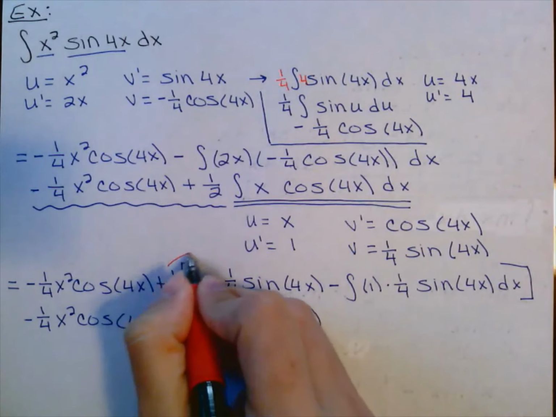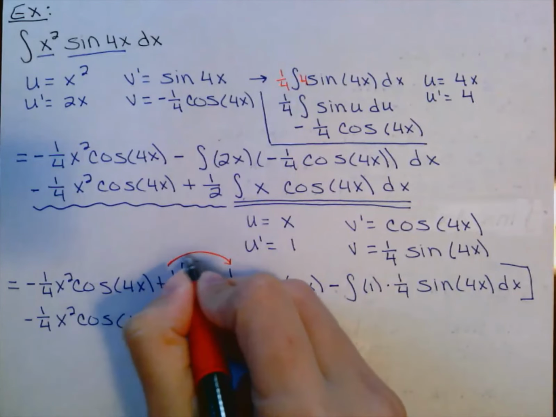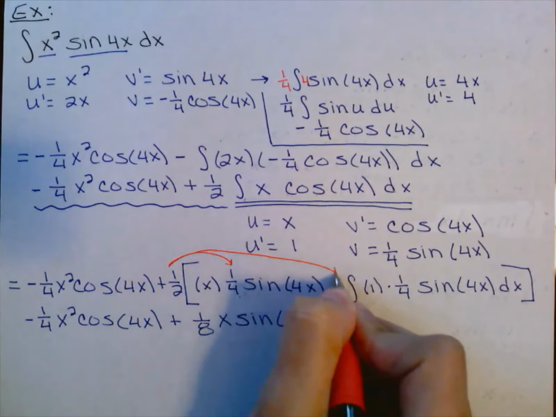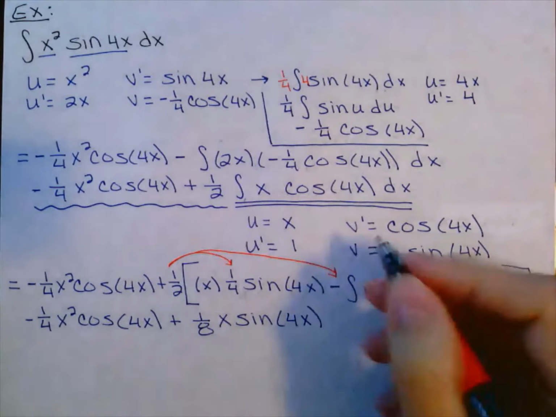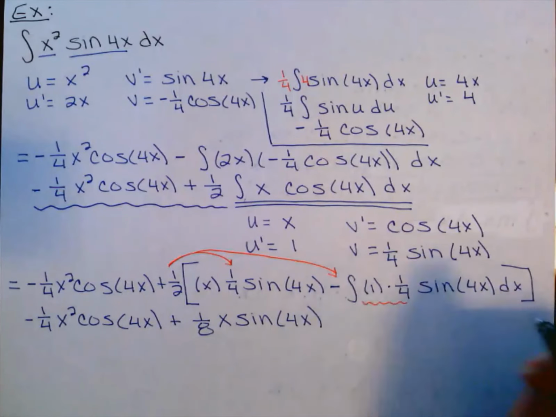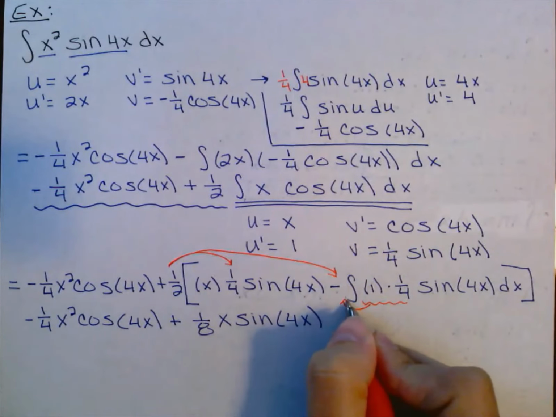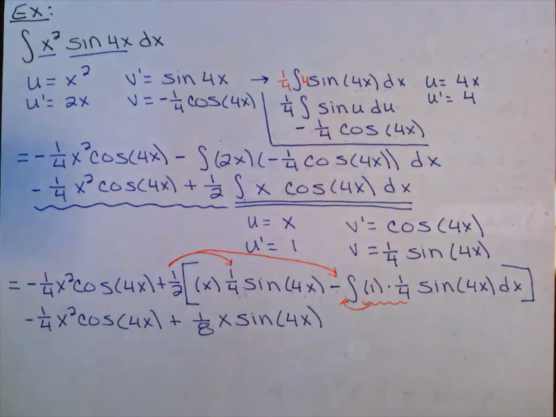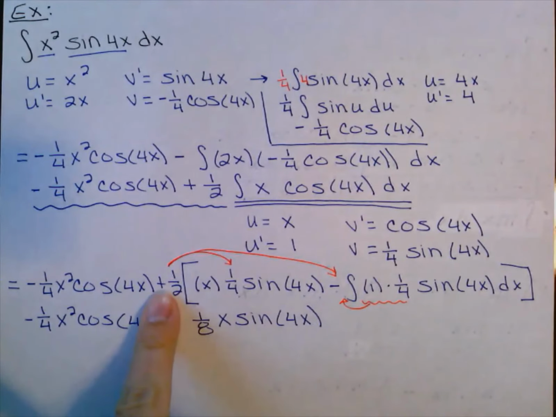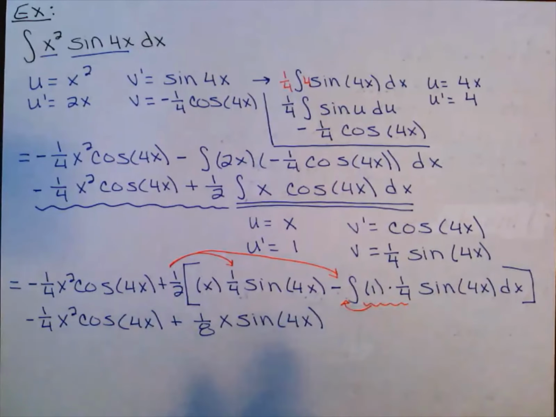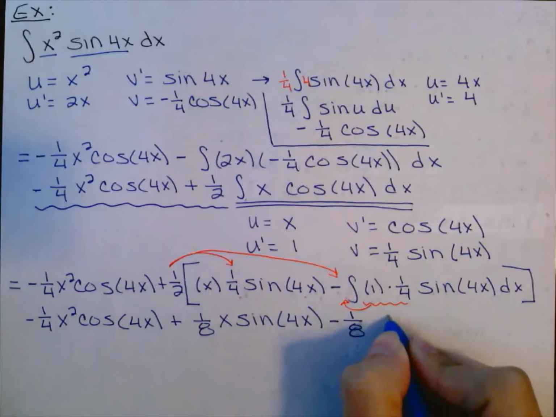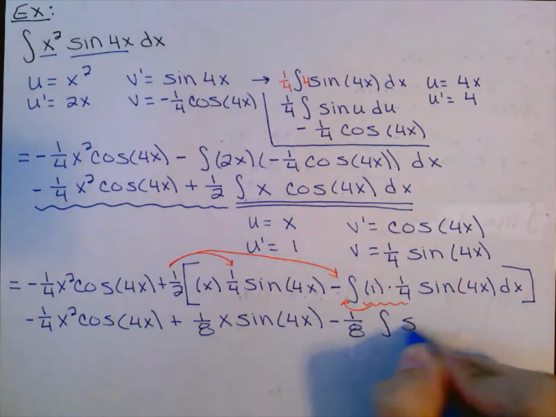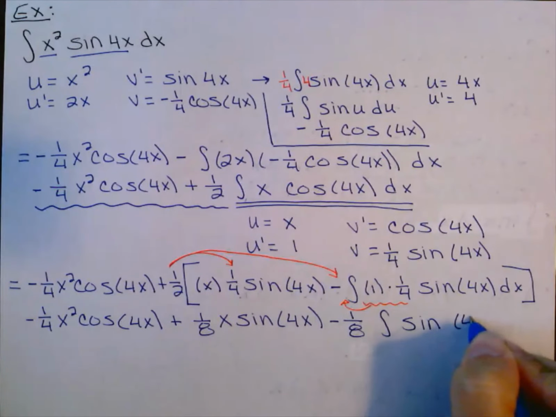This 1/2 went into this term, and it also has to go into this term, okay? And remember that I am allowed to bring out this coefficient to the front. So watch how I do that here. I have 1/2 times 1/4 times 1 is going to be a minus 1/8, and then just the integral of sine of 4x.